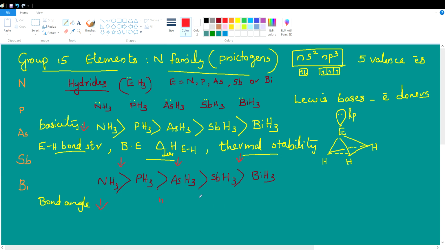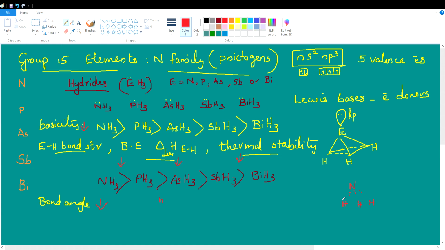This is due to, in the case of ammonia, nitrogen which is bonded to 3 hydrogen atoms, nitrogen being small in size and highly electronegative, the bond pair electrons shared between nitrogen and hydrogen are closer to the nitrogen atom. Because nitrogen is small in size and more electronegative, the bonding electrons lie closer to the nitrogen, so they feel more repulsion.